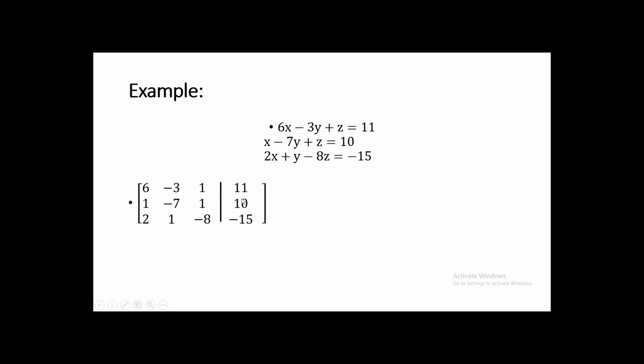So these are two different sides. This is the coefficient side. The coefficients are 6, minus 3, 1, 1, minus 7, 1, 2, 1 and minus 8. And the other separated part, these are my constants, 11, 10 and minus 15.